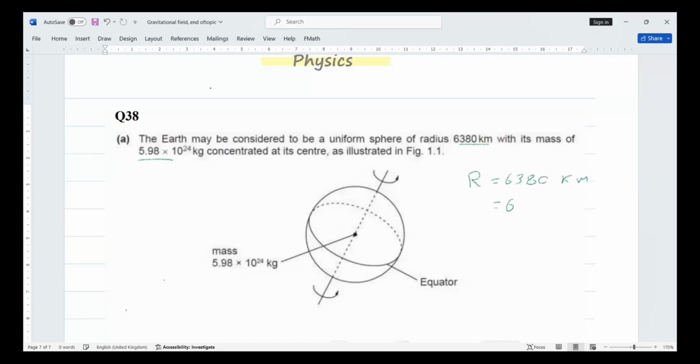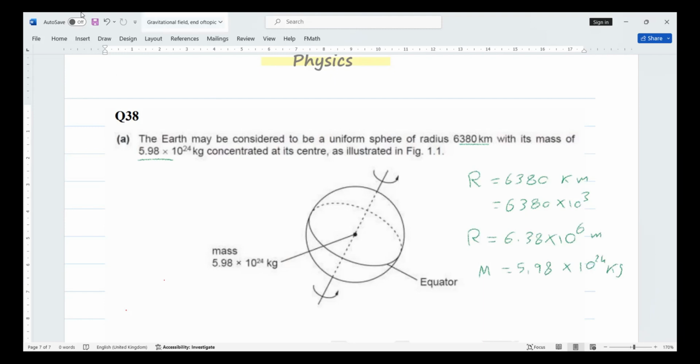We convert to meter: 6380 multiply 10 power 3, which is 6.38 multiply 10 to the power 6 meters. This is R capital, the radius. And the mass of the Earth, denoted by M capital, is 5.98 multiply 10 power 24 kilograms. Those are given.